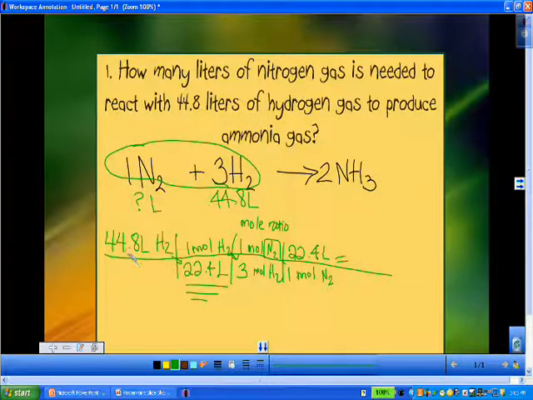So you'll calculate 44.8 divided by 22.4 multiplied by 1 divided by 3 and then multiplied by 22.4 to arrive at your liters of nitrogen gas. So we have 14.93 liters of nitrogen gas.